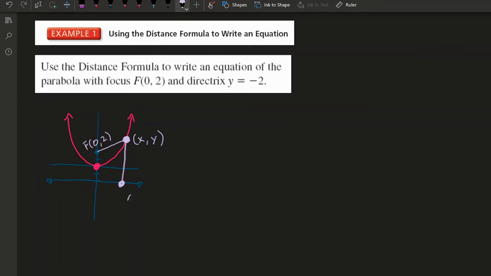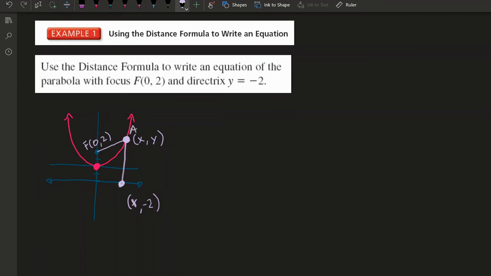I know that the y value is going to be -2 because it's on the line y equals -2. But how much did I go right to get to that point? Well, I went right x.